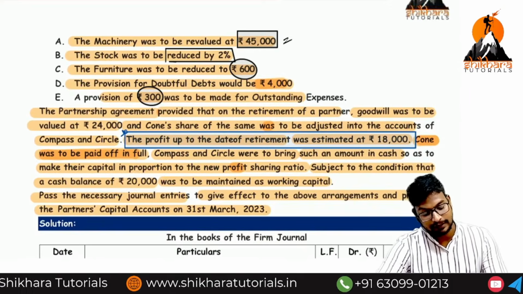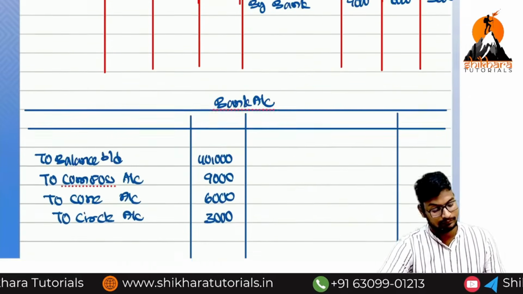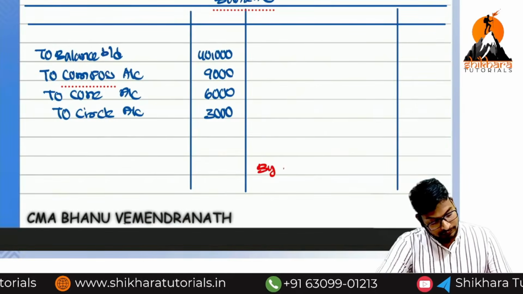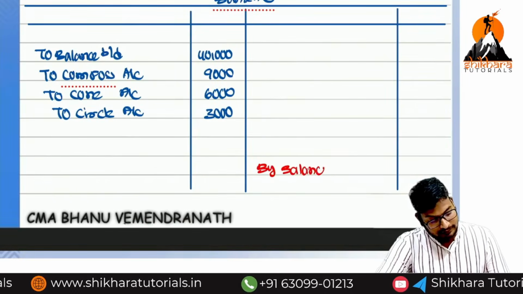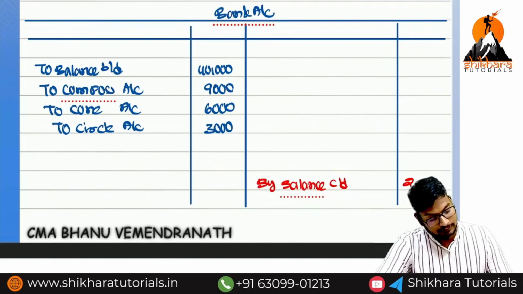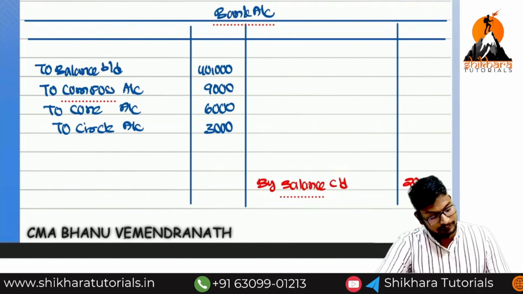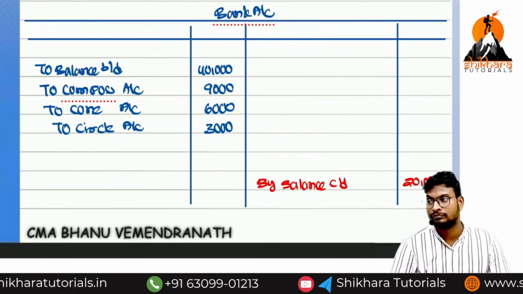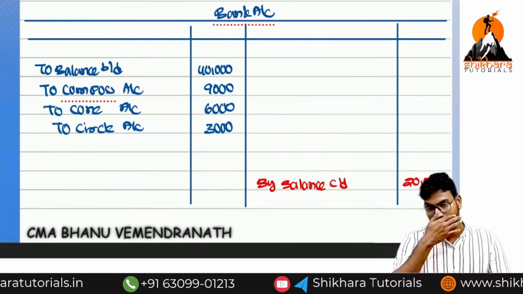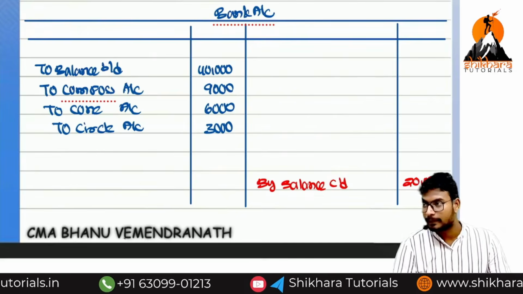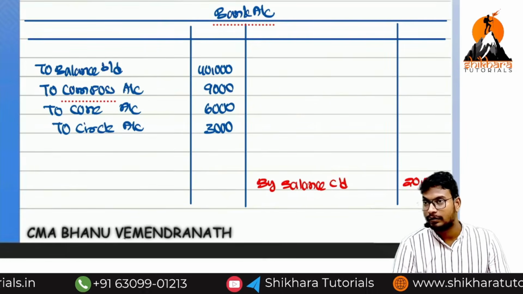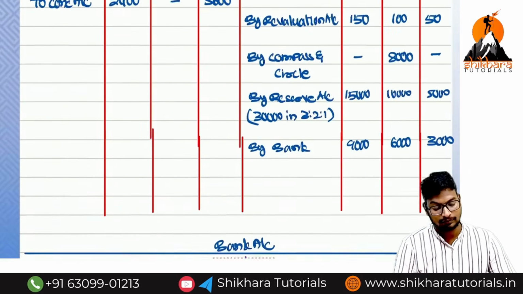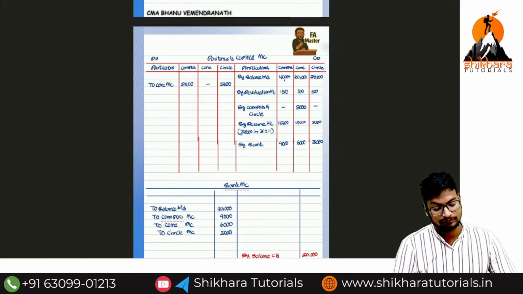So go to the bank and we can write: by balance carried on, how much? 3,000. Then first close the account.